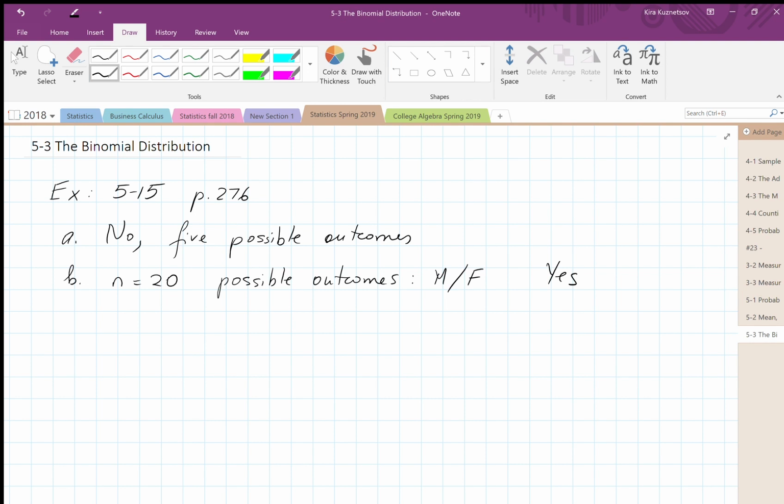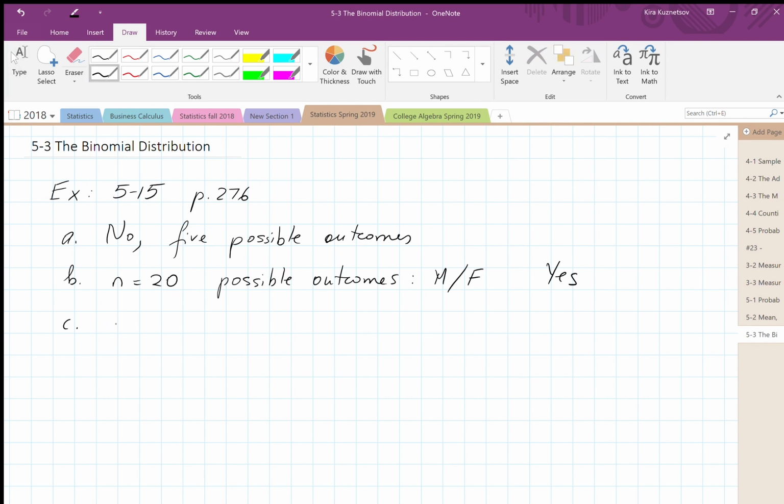Part C. Drawing 5 cards from a deck without replacing and recording whether they're red or black. I am recording red or black, but I am taking 5 cards from a deck without replacing.